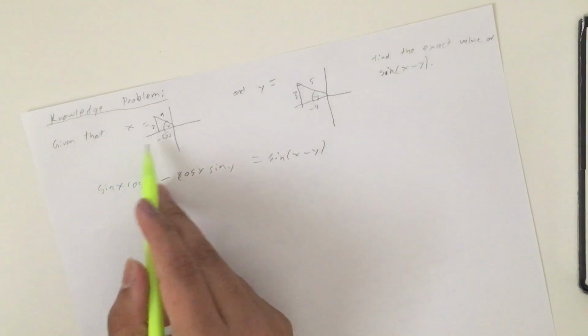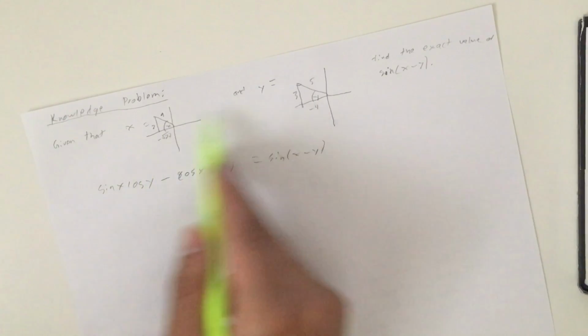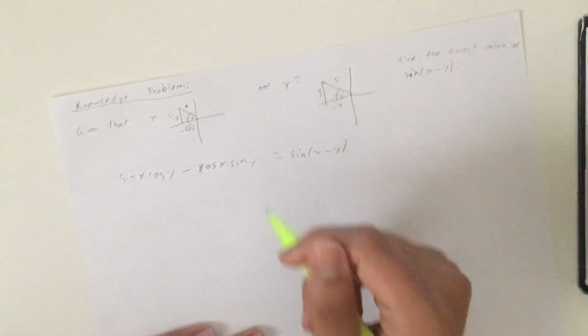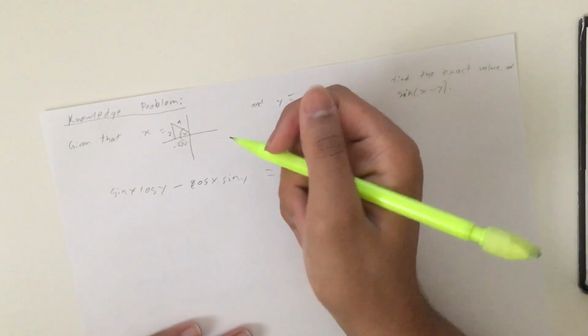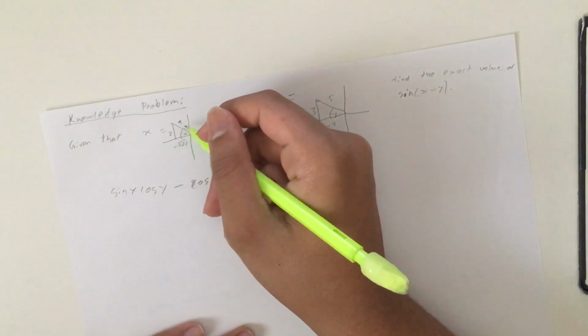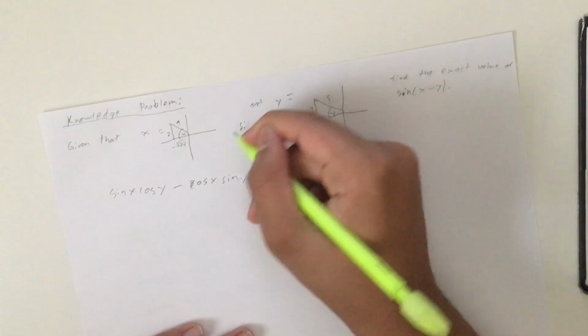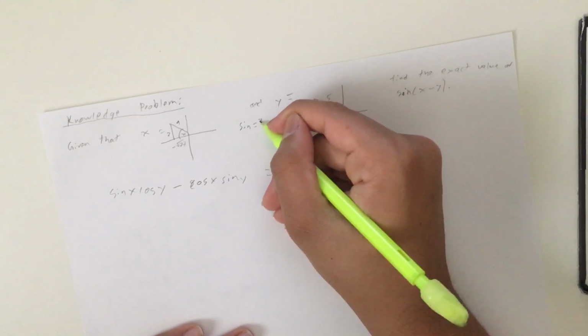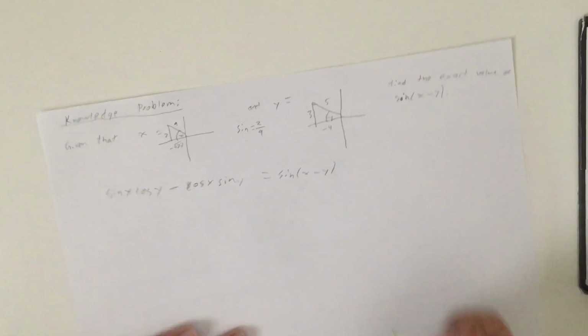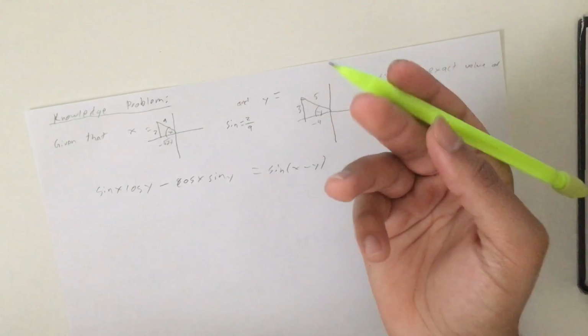So here you would have to find the sin and cos of x and y from each of these triangles. We know that sin is opposite over hypotenuse, so sin x would equal 2 over 9. We would keep it in fractions because it's just better.